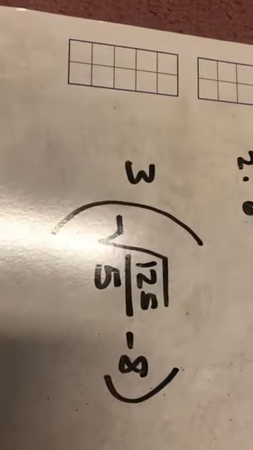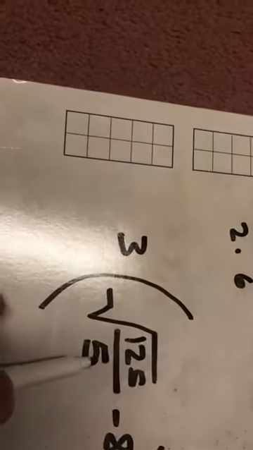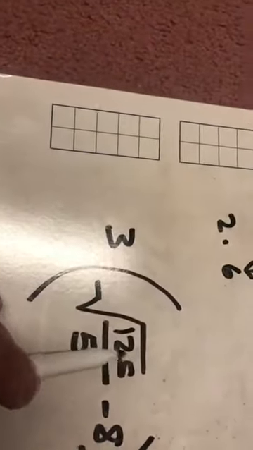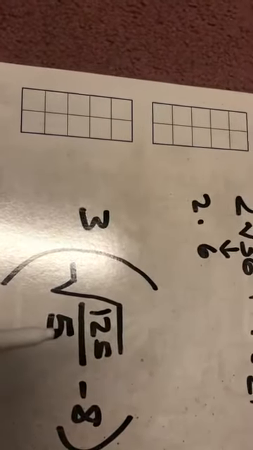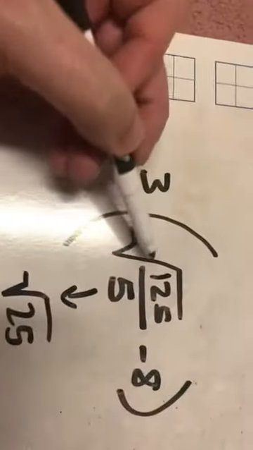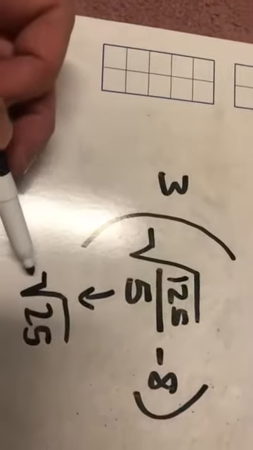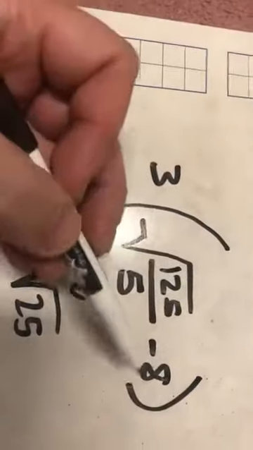Now, there's a couple different ways I can do this. I could think, well, I know that a fraction is a division problem, and I could go and do 125 divided by 5. Well, 125 divided by 5 is 25. So I know that this is really the square root of 25, because that's what that is. The square root of 25 is 5. So this would actually become 5 minus 8.